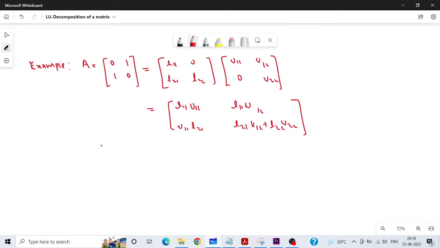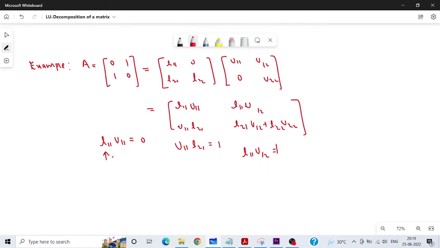So the first entry, L11 into U11, equals 0. And if I see the entry in the second row and the first column, we get U11 into L21, which equals 1. We can also consider this entry, L11 into U12, which equals 1. Now the first equation, L11 into U11 equals 0, says that one of them has to be 0.